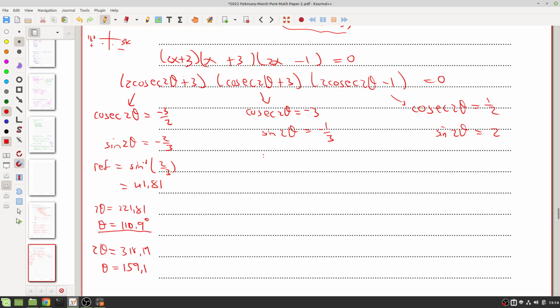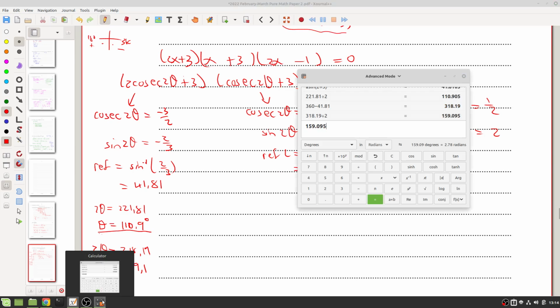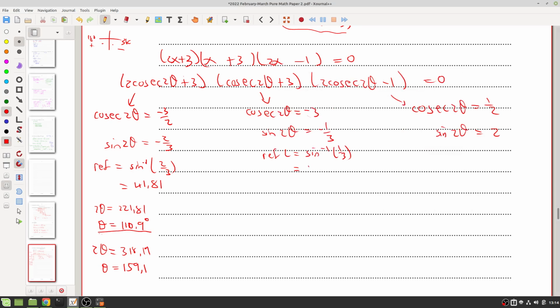Here we have our reference angle is then arc sine of 1 over 3, which gives us 19.47. So that's 19.47 degrees. So again, it's negative. So we're going to be working in, again, these same two quadrants, 180 plus and 360 minus.